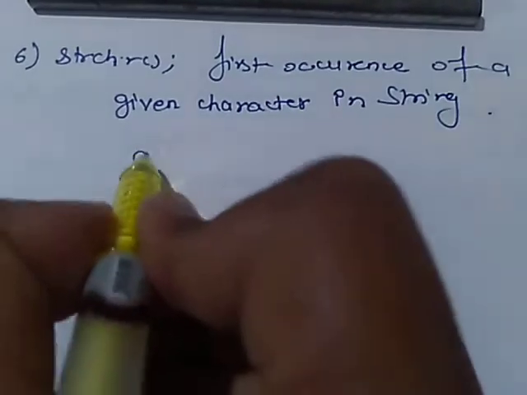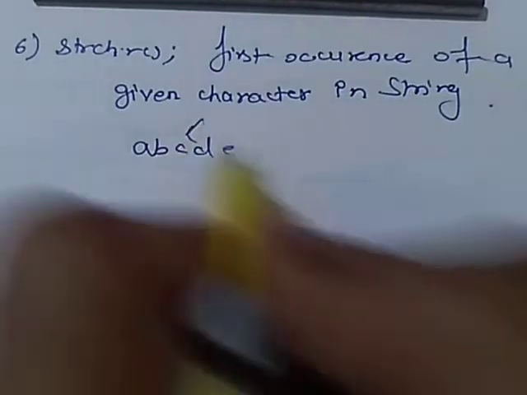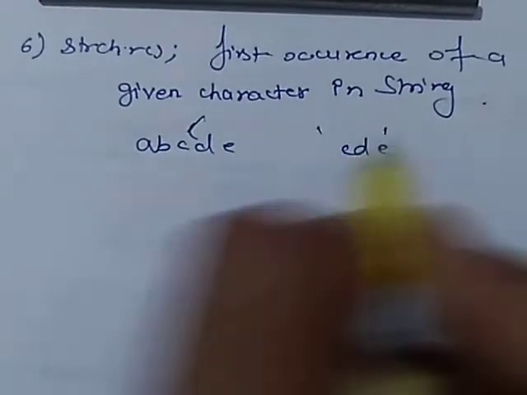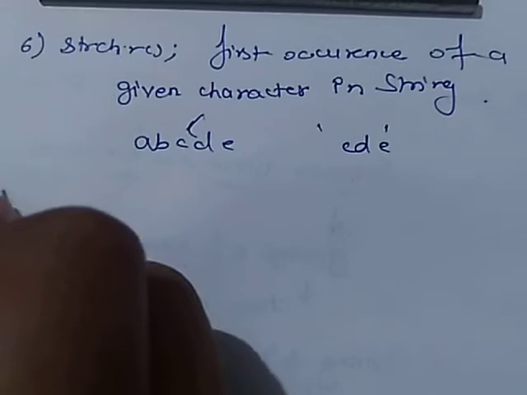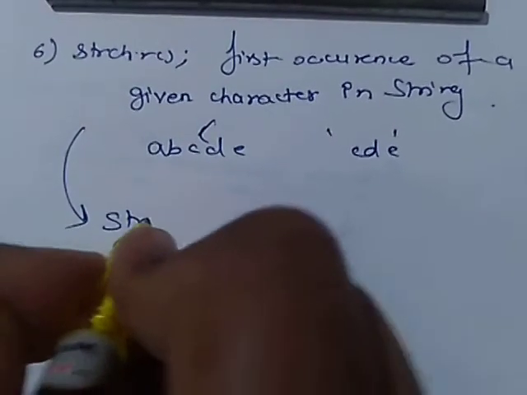For example, if we have A, B, C, D, E and we pass C here, then the string CDE will be printed.